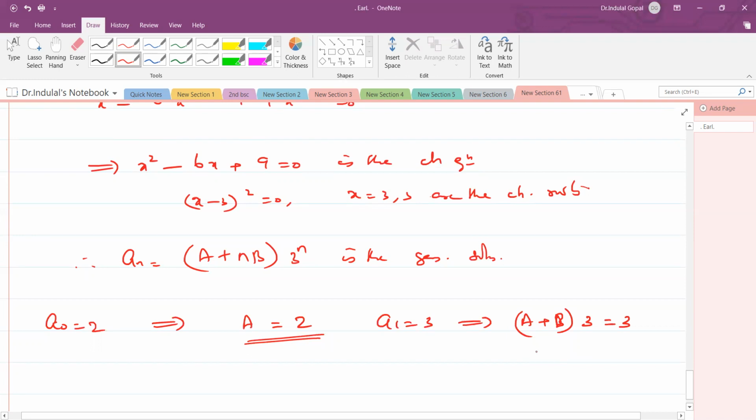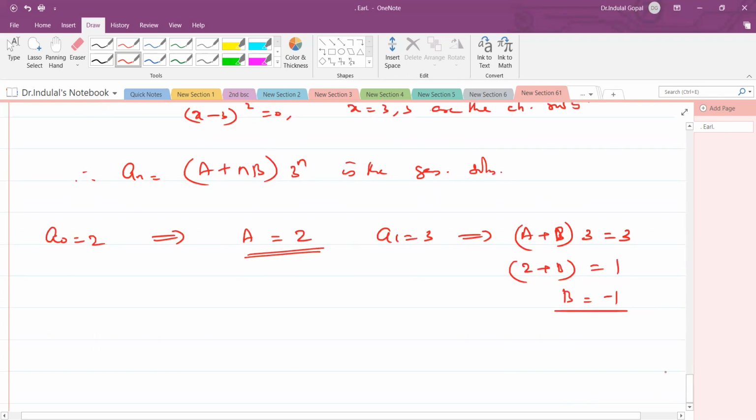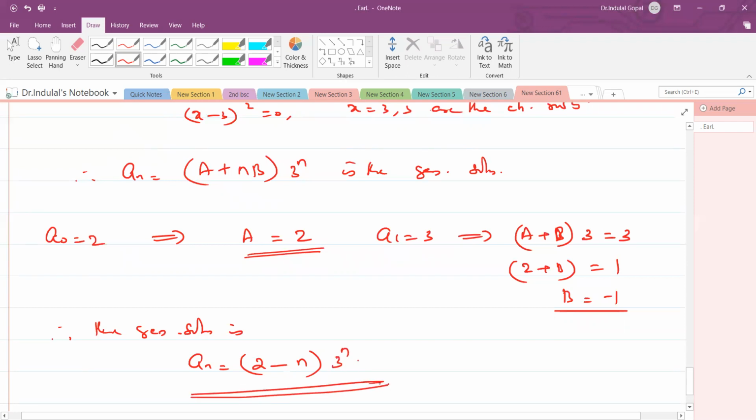Therefore, A is 2, 2 plus B equal to 1. Therefore, B is equal to minus 1. Therefore, the general solution is a_n equal to (2 minus n) into 3 raised to n. This is the general solution.